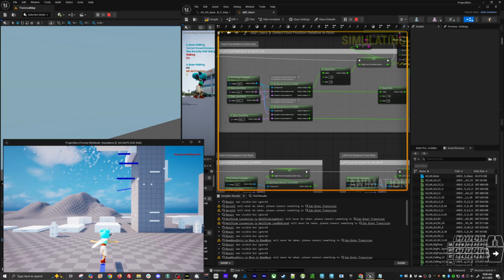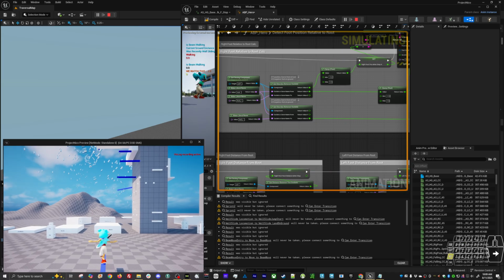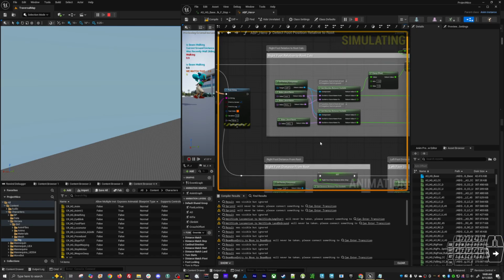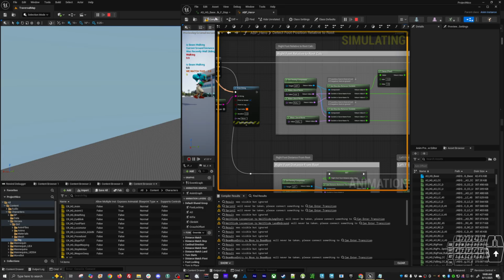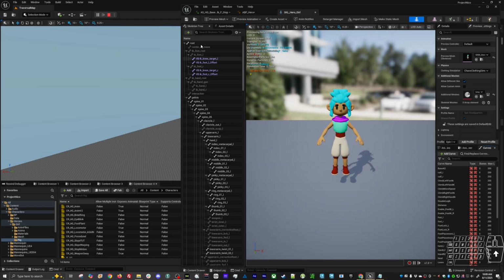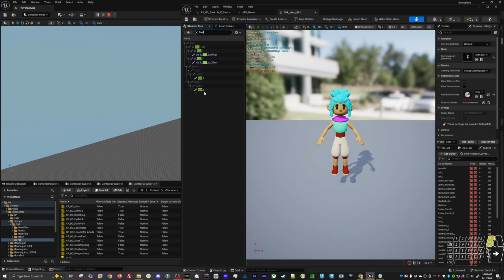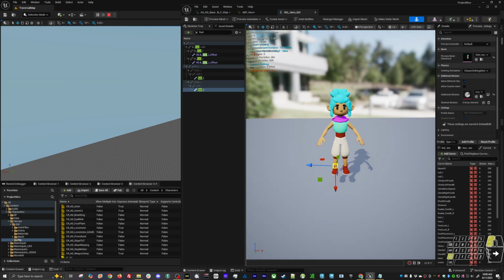Okay, so anyway, what we really want to check, I think, is the Y position. We need to look at the skeleton. So we're going to look at our foot, right.